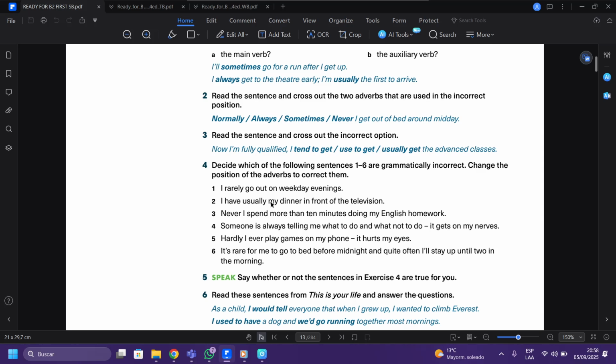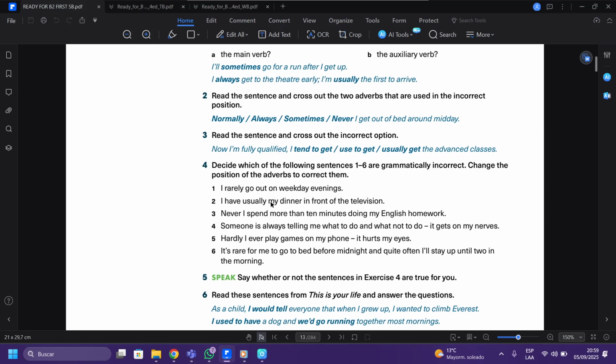Let's go with the second one. We have here to read the sentence, and you have to tell me which adverbs we have to cross out, the ones that are used in the incorrect position. We have normally, always, sometimes, never. Two of them are wrong, are incorrect. What do you think are these two that are incorrect?